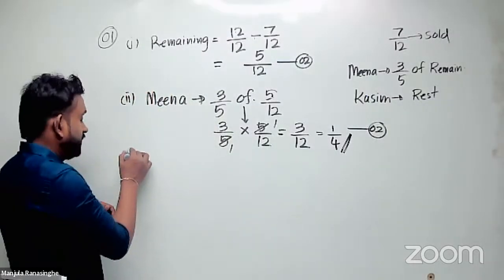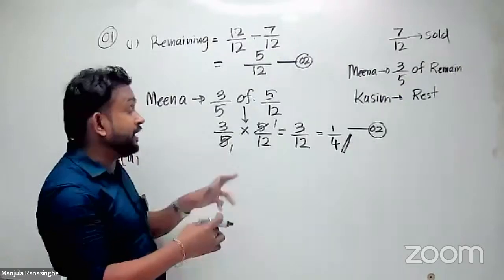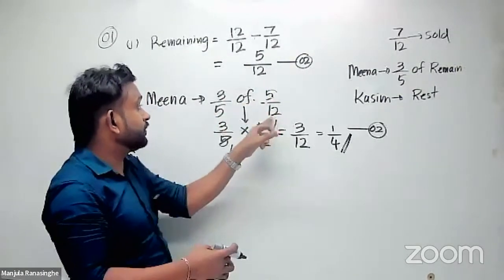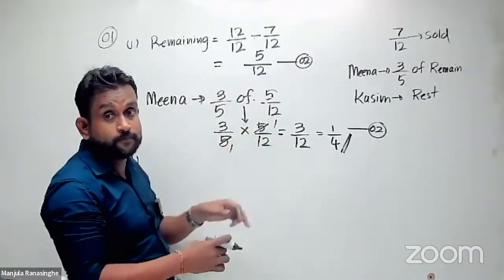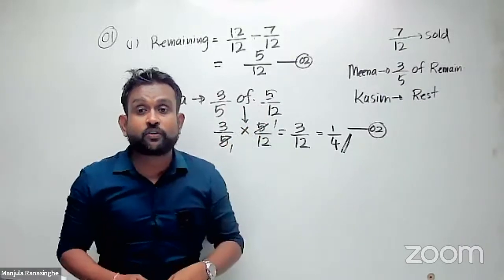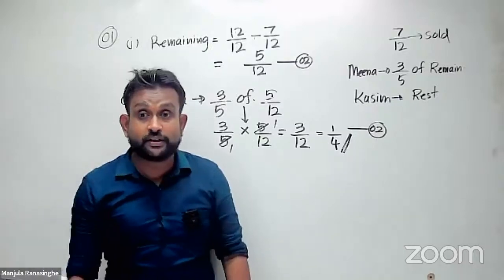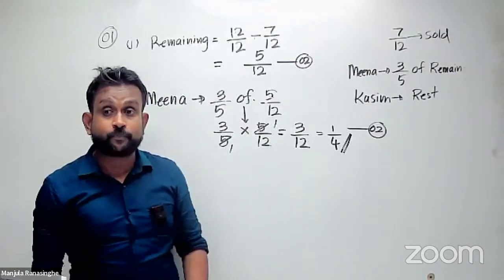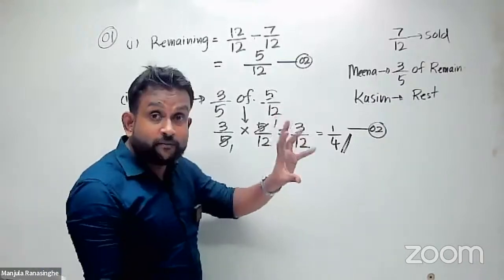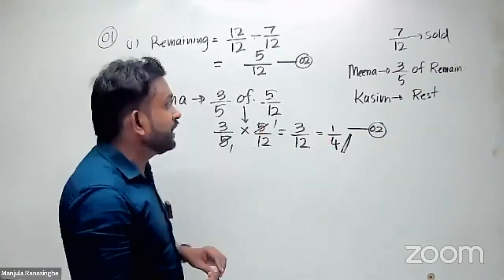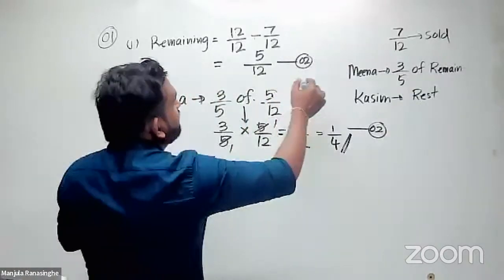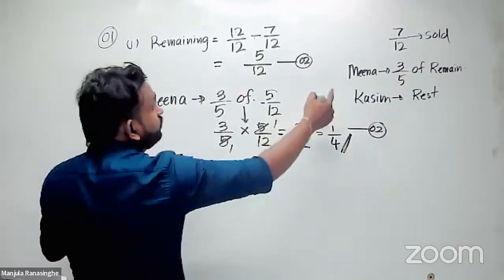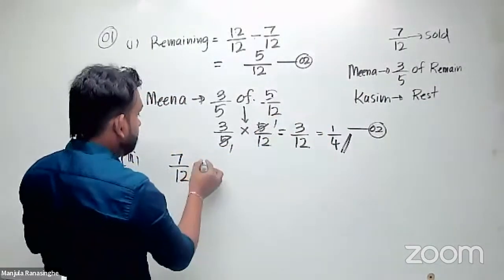Part 3. Understood the language you applied, 3/5 of the remaining? The remaining is 5/12, and of means multiplication. Part 3: if the number of olives given to Kasim is 20, find the number of olives picked by Mala. So now find Kasim's fraction. Sold is 7/12. Then Meena was given 3/12.